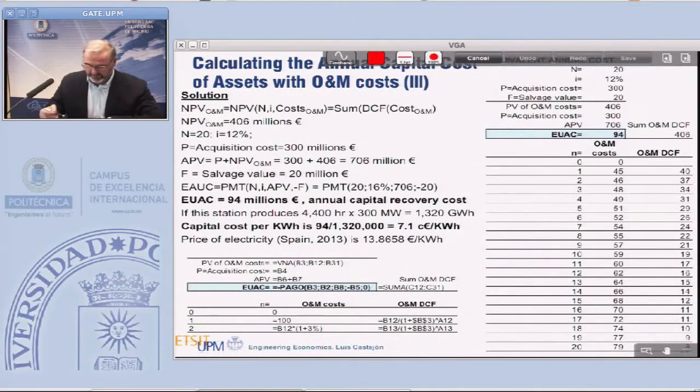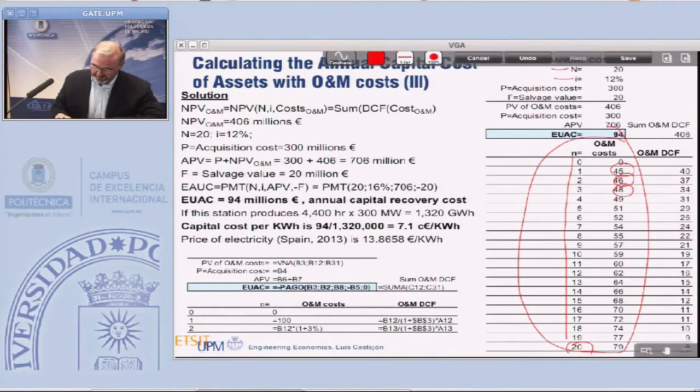We see here the business plan. Here we have the equivalent annual cost, the number of years 20, the cost of capital 12. We have here the table the engineers have provided to us with the operation and maintenance cost in every year, from year 0 to year 20. The operation and maintenance costs are those, in millions of euros.